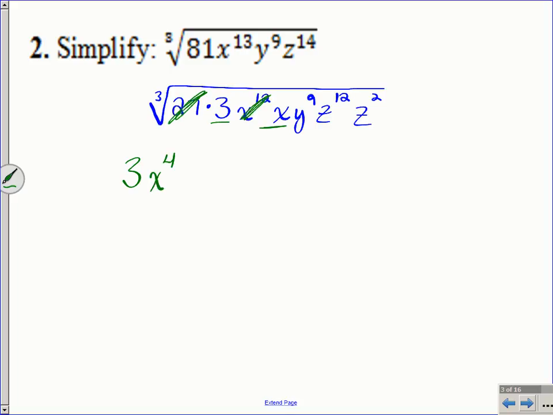X, there's not enough left there, so it's going to stay. 3 goes into 9 3 times, so I take out y cubed. 3 goes into 12 4 times, so I take out z to the 4th. And 3 does not go into 2. There's not enough left there. So with the stuff that's left, I need to multiply by the cubic root of 3x z squared. And that's it. That's number 2.